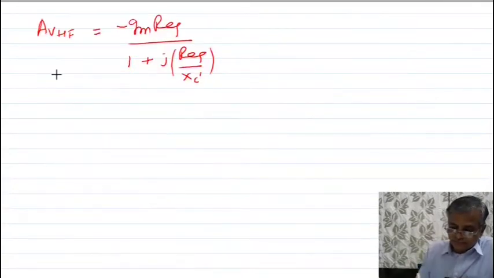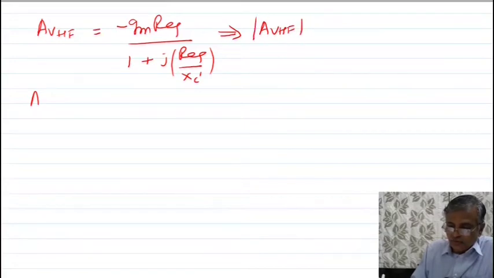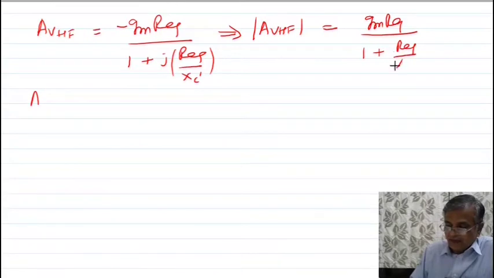So if I take the magnitude of this, AVHF magnitude is the magnitude of the mid frequency gain upon root of 1 plus R equivalent upon XC dash whole square.